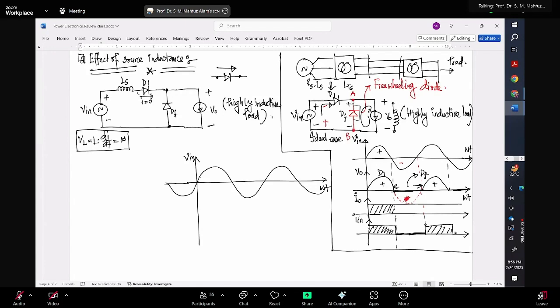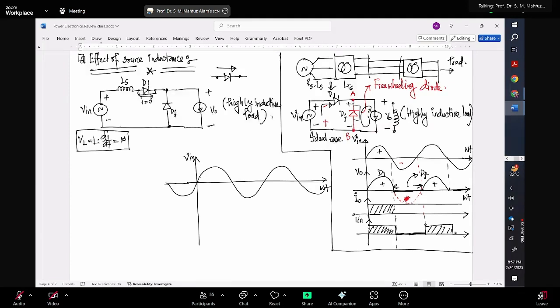So the diode is on, but the current cannot go through it because, like the previous case, the current cannot jump from zero to a certain value instantaneously. So if the diode becomes turned on, then what will happen?